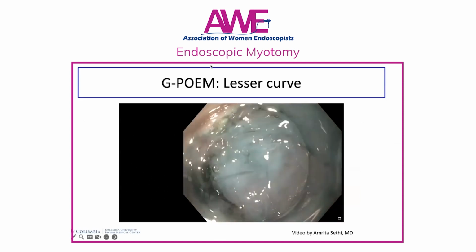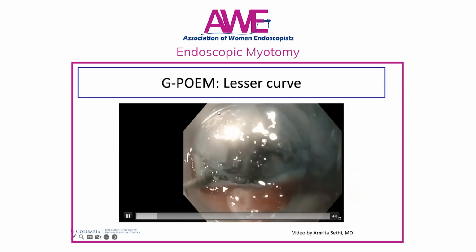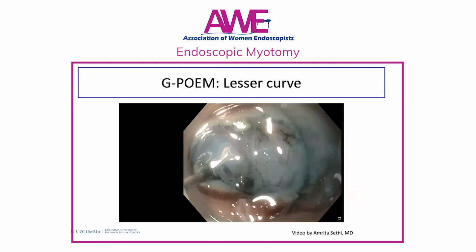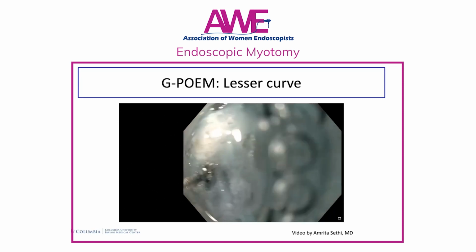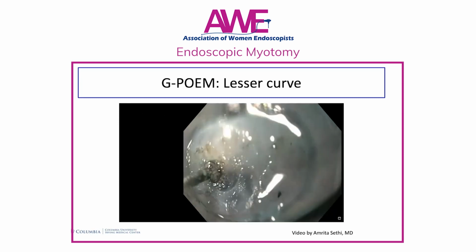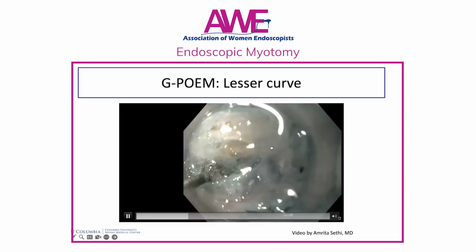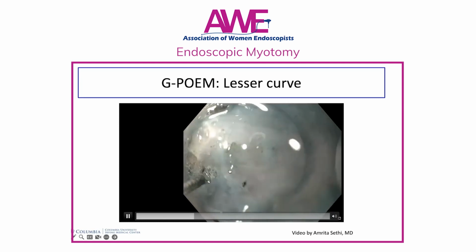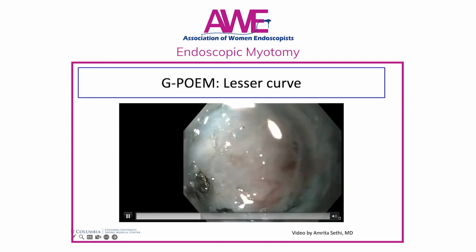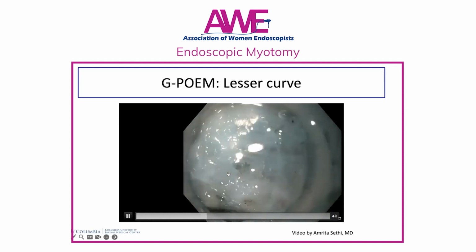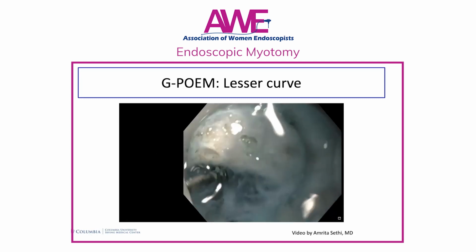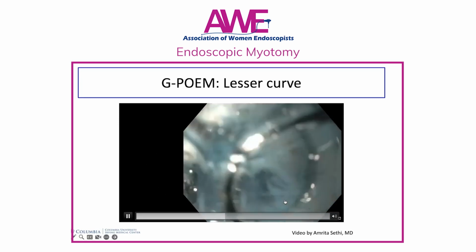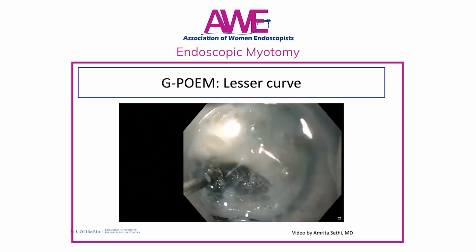So here we go along the lesser curve. It's actually a shorter tunnel. And in this case, it's almost no tunnel. And here you see the crescent. It's going to be more of a frown, because it's downward facing, and the submucosa will be inferior to the pylorus, but again, very, very evident compared to the esophagus, very distinct.